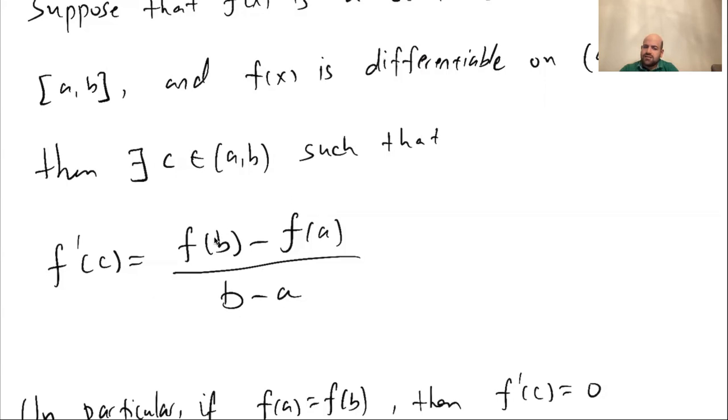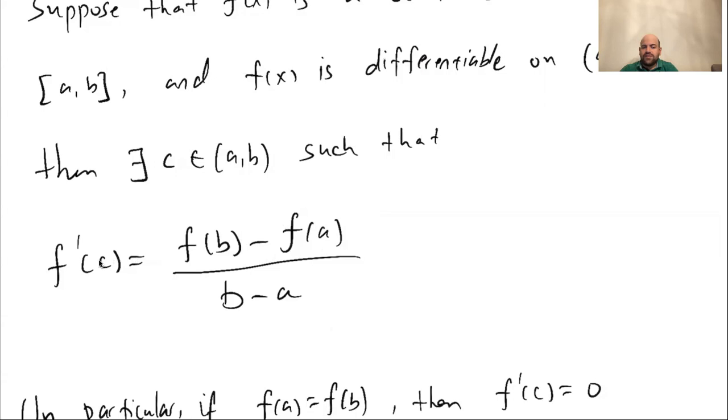So the right-hand side is not 0, but the right-hand side should be familiar to you. f of b minus f of a over b minus a. That means delta y over delta x, rise over run. That's the slope of the secant line connecting a and b.